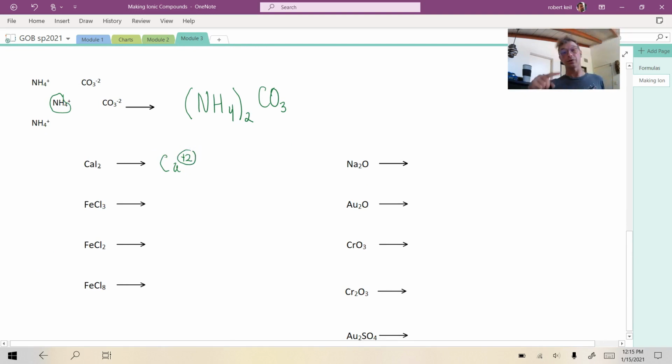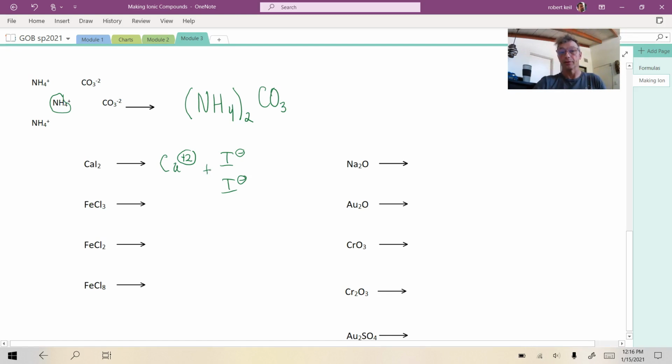And I also could look back at my table and say that each iodine is minus 1. So if I said, where did calcium iodide come from? You could say it's from calcium plus 2, and an iodide, 2 of them. Occasionally, I'll come back to this.